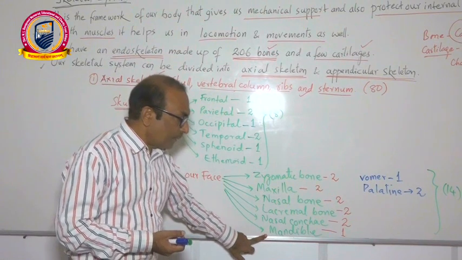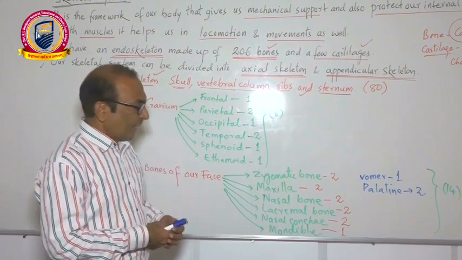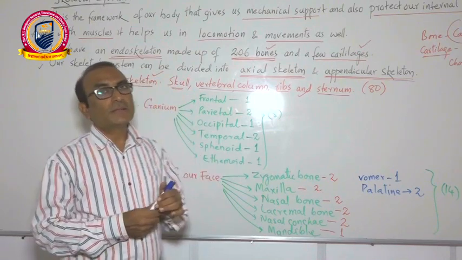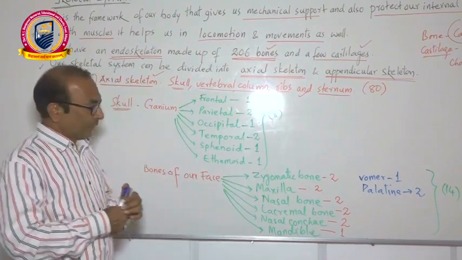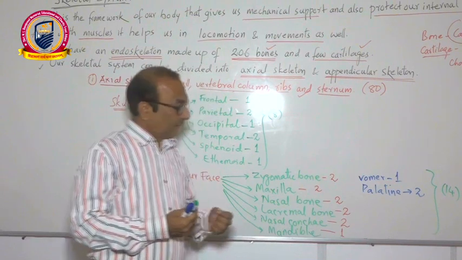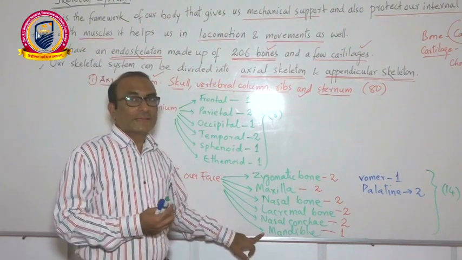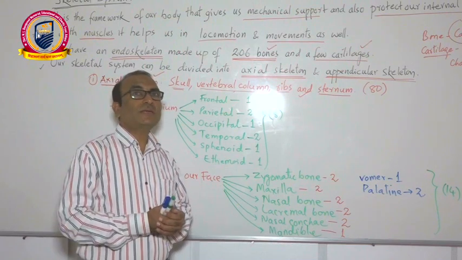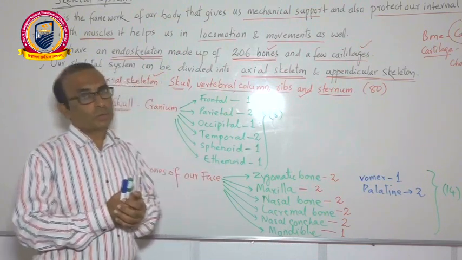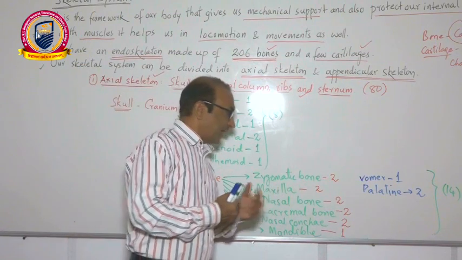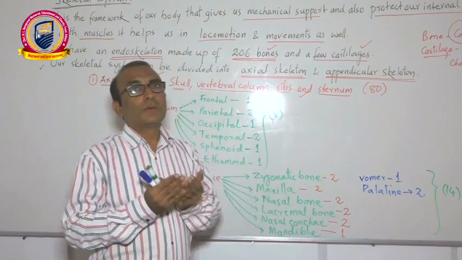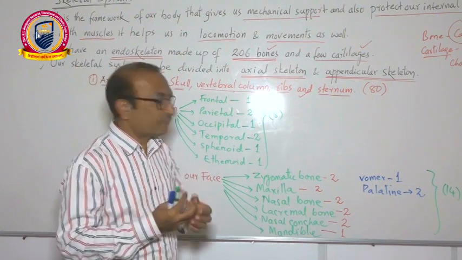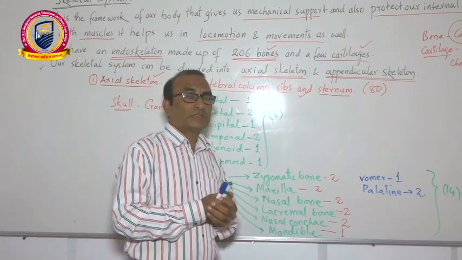And then mandible, we have one single bone forming our lower jaw, that gives the support for the teeth. The mandible has sockets in which the teeth of the lower jaw are located, whereas the 2 maxillae, which join in the middle in front, have the sockets for the teeth of the upper jaw.